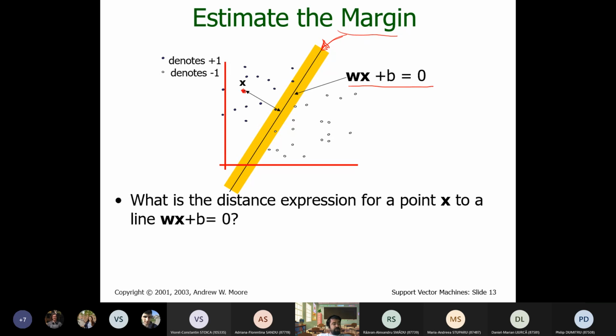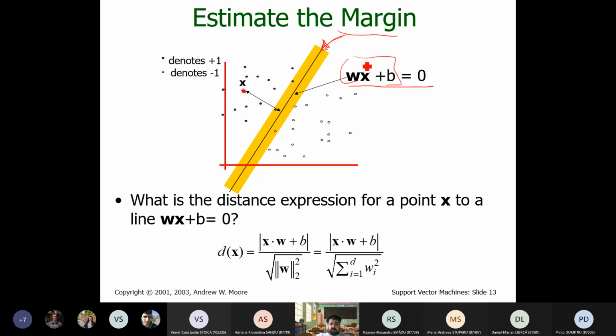This, I think, you have done when you learned algebra, space algebra. So if you want to evaluate the distance from one point to a line, all you have to do is to input in the equation of the line the value of the point that you need to evaluate.